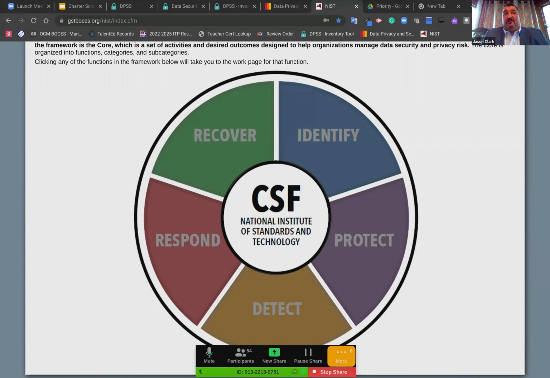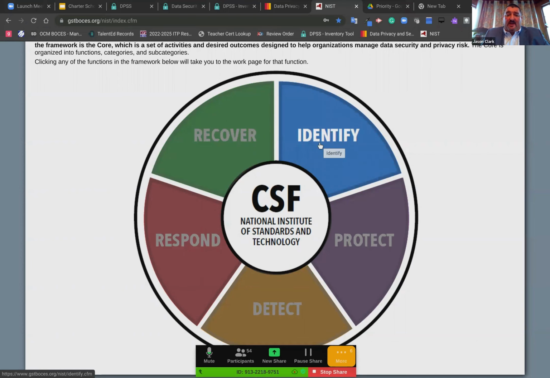They're really trying to poke holes in our systems to get access to some of that information, whether it is for data or for extortion of money. Each of these sections, so we have the identify, protect, detect, respond, and recover.